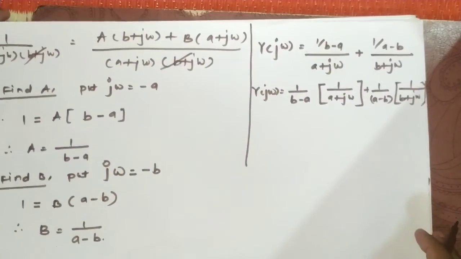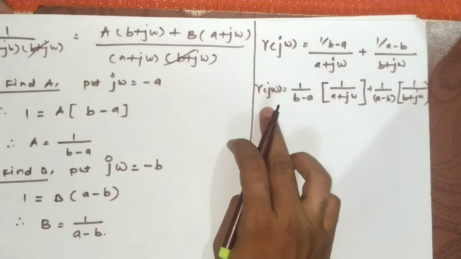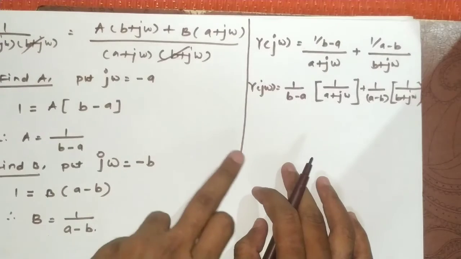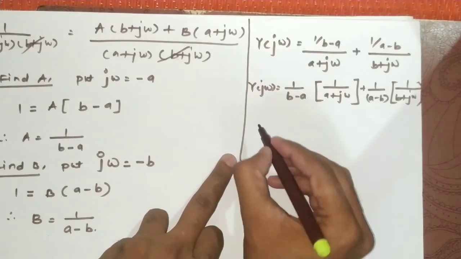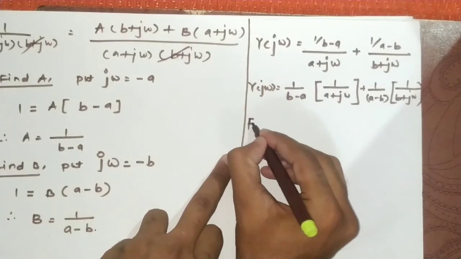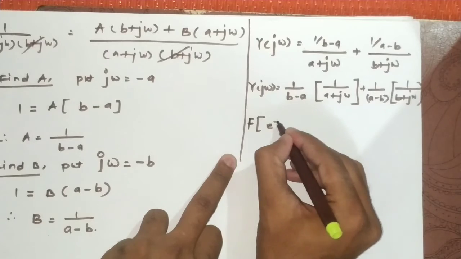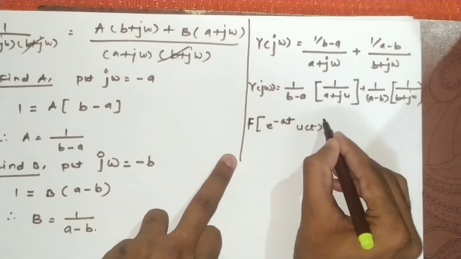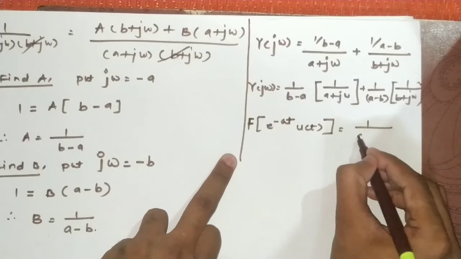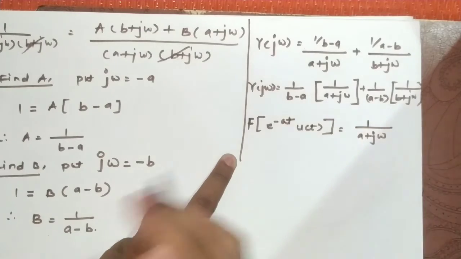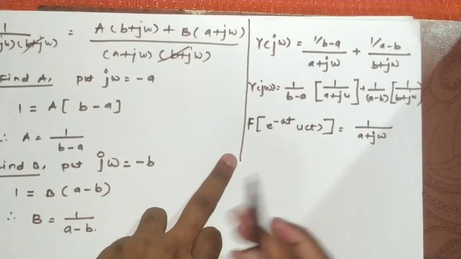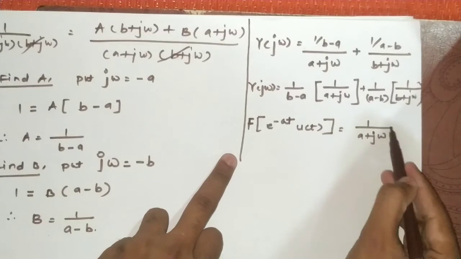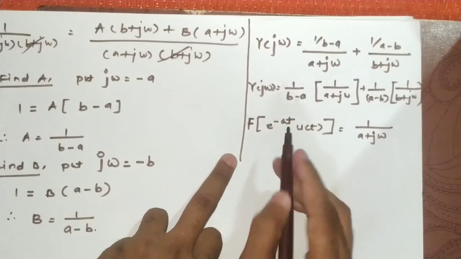Now we can take the inverse Fourier transform of y of j omega. For that we should use the same correlation. We know that the Fourier transform of e raised to minus at into u of t is 1 upon a plus j omega. If it is there, we can recall it. The inverse Fourier transform of this function will be e raised to minus at into u of t.